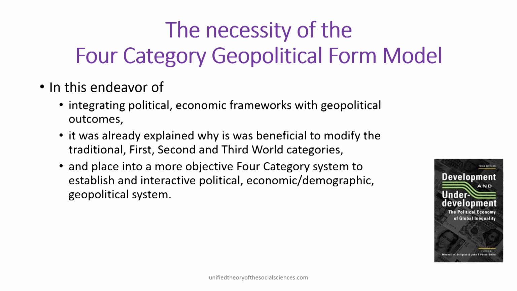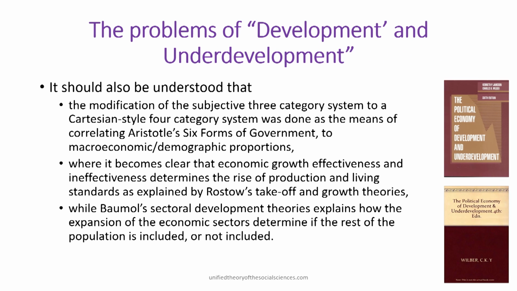In this endeavor of integrating political economic frameworks with geopolitical outcomes, it was already explained why it was beneficial to modify the traditional first, second, and third world countries and put them in place of a more objective four-category system, to establish an interactive political, economic, demographic, geopolitical system.